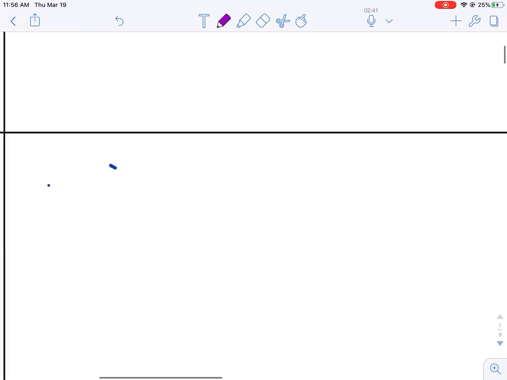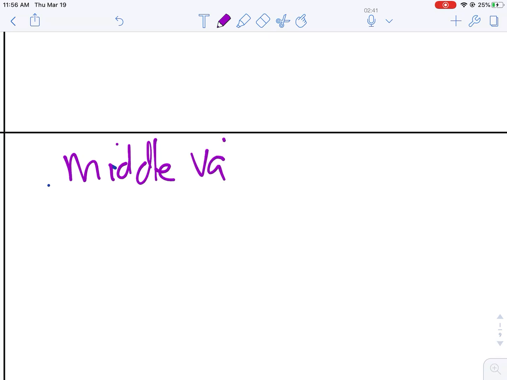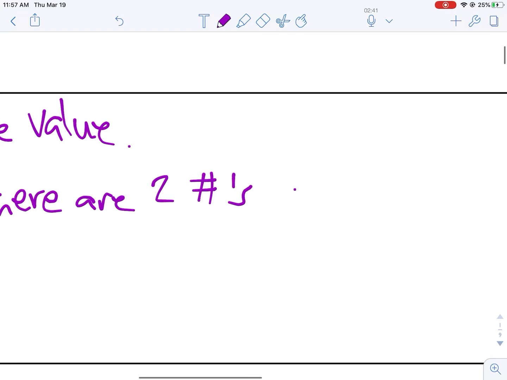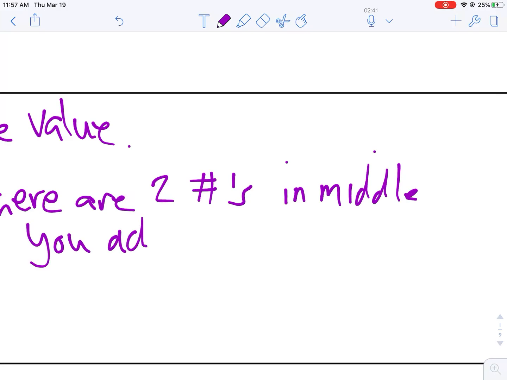All right, next, median. I'm calling that your middle value. If there are two numbers in the middle, you add and divide by 2.